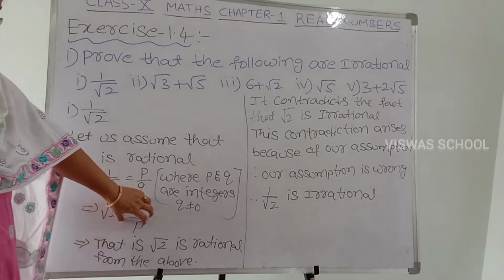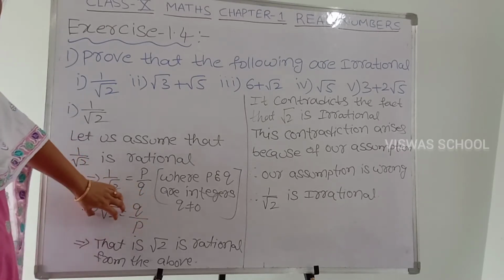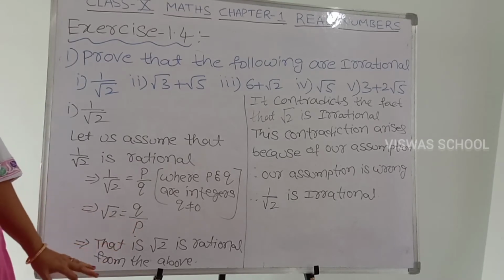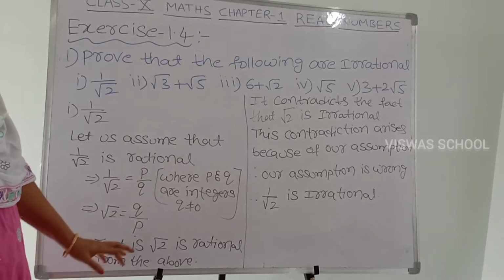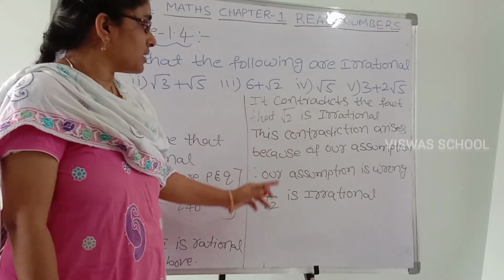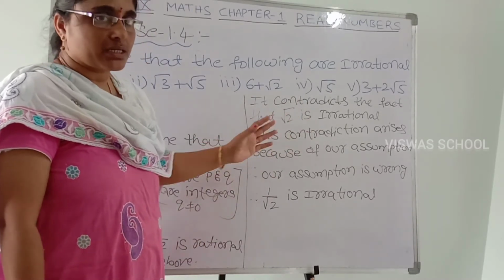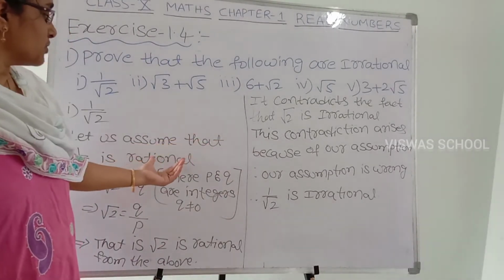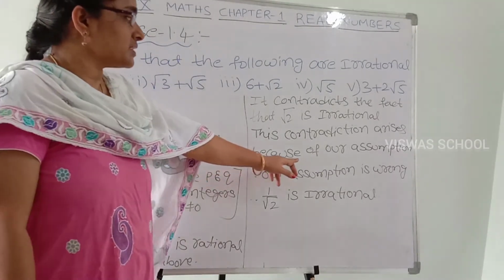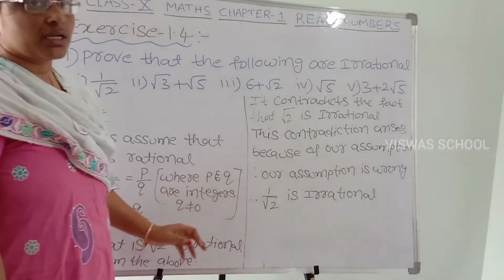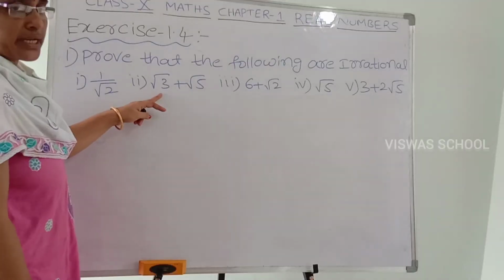That is, if Q by P is rational, automatically root 2 is also a rational number. But root 2 is actually an irrational number. That is, it contradicts the fact that root 2 is irrational. Why are we getting this contradiction? Because of our assumption. Our assumption is root 2 is rational. Therefore, our assumption is wrong. Therefore, 1 by root 2 is an irrational number.